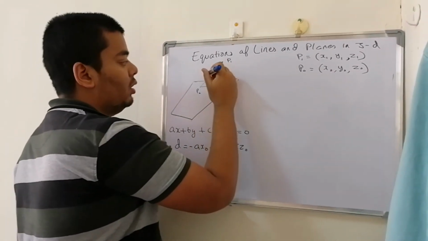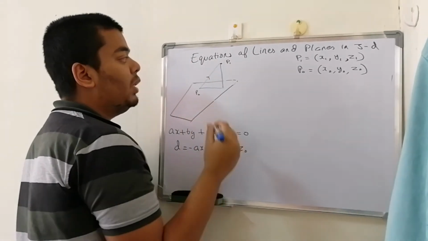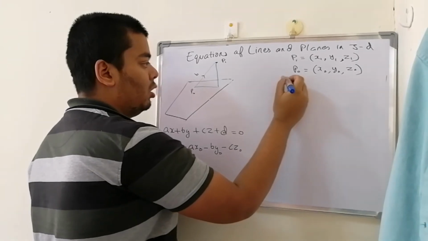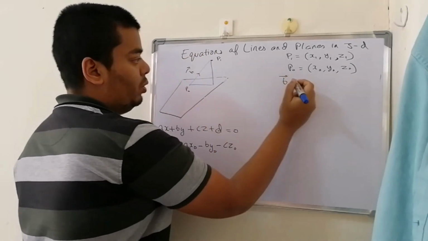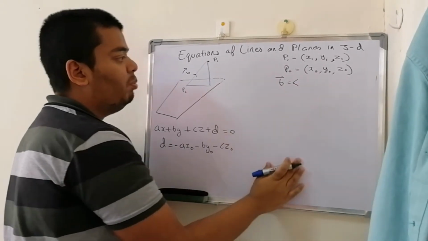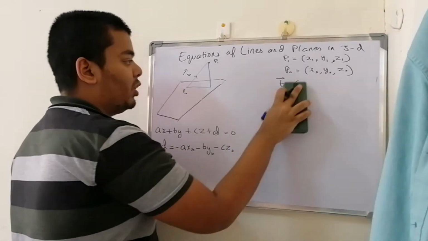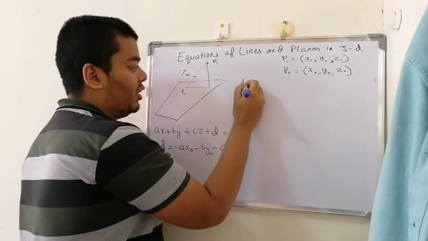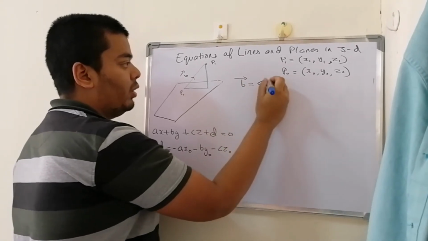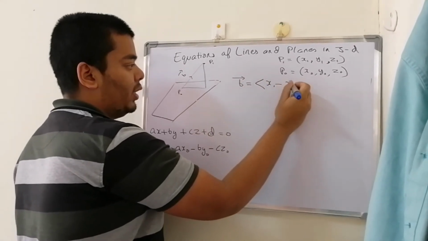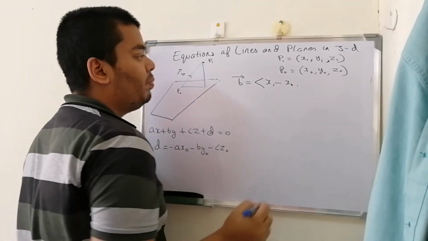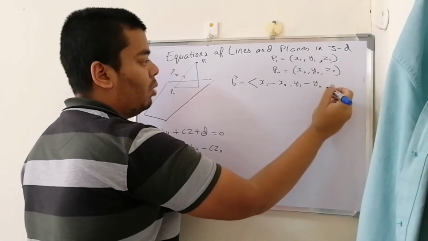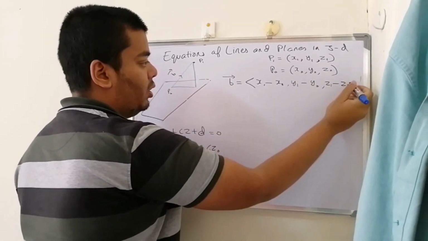Let's name this vector P naught P1 as B. The vector B is very easy to write since it starts from P naught and ends at P1. We can easily write the vector B as x1 minus x naught, y1 minus y naught, z1 minus z naught.